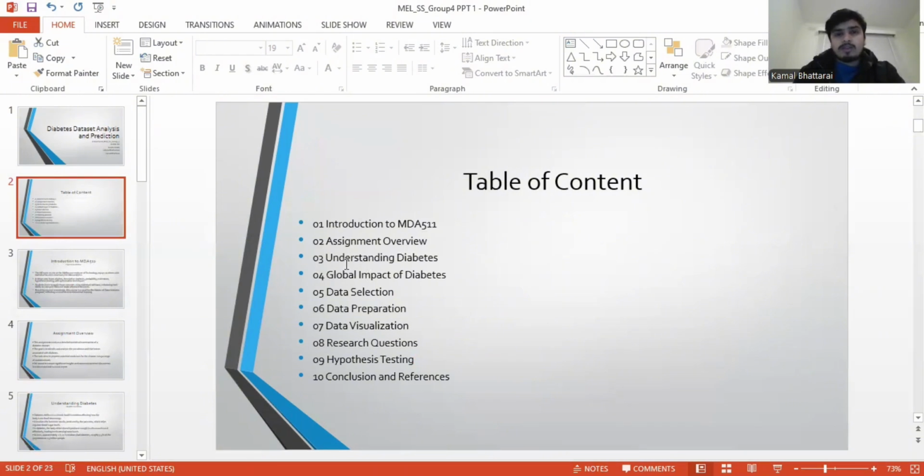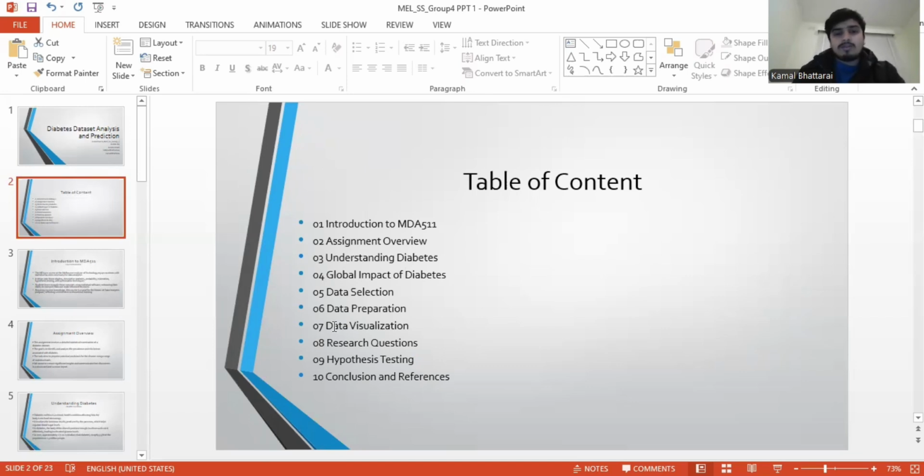First of all, we are going to understand what diabetes is and then its global impact. Then we will discuss the data selection, where we selected the data from, and the data preparation, in which we neglect the null values and summarize the data.